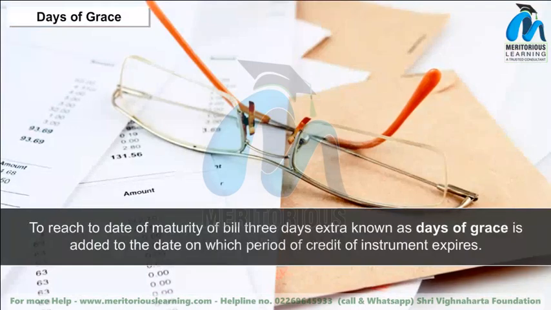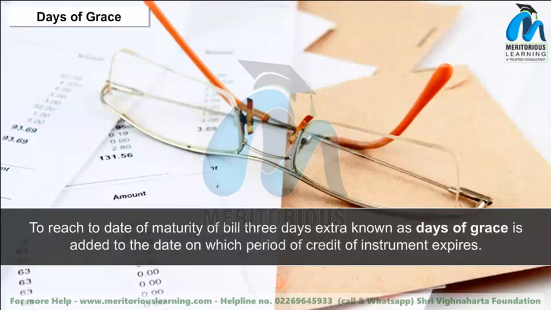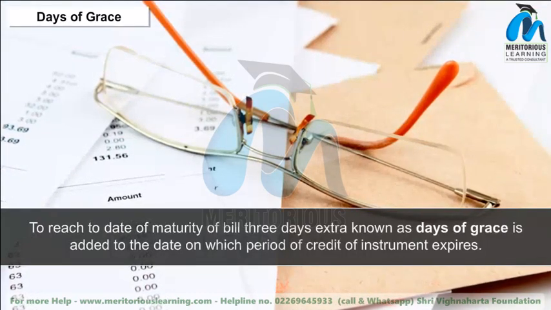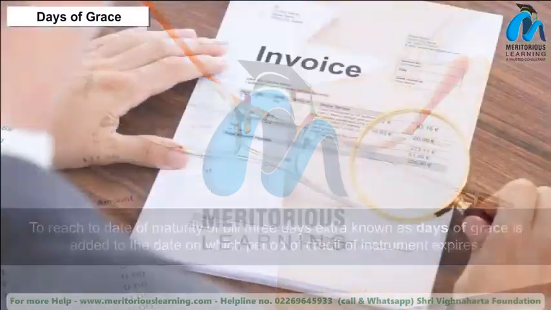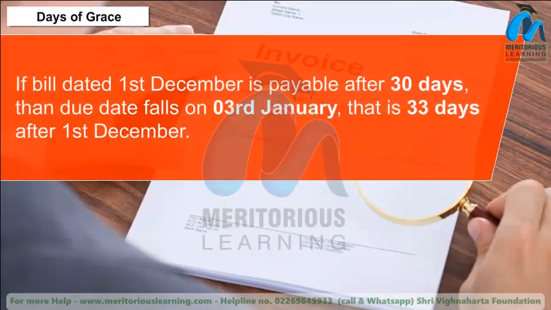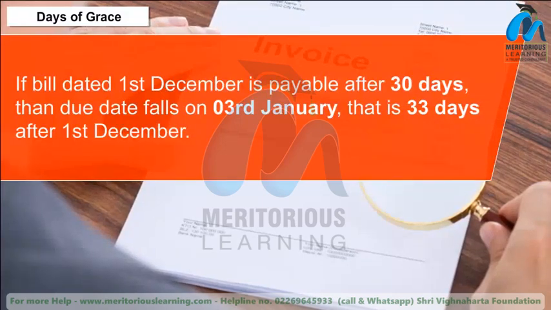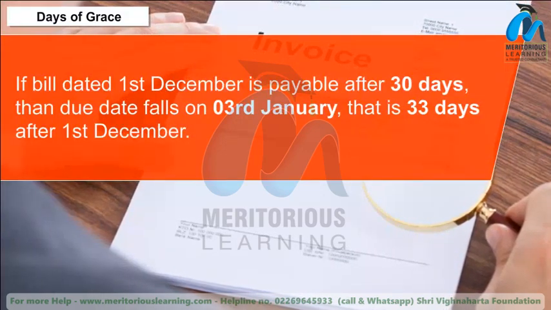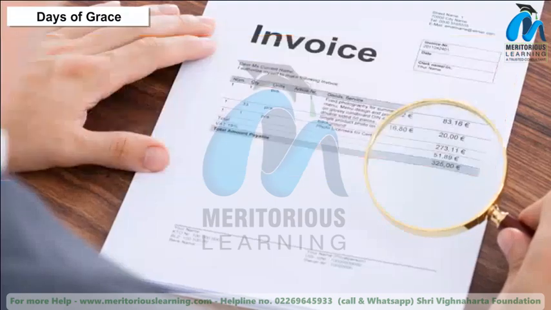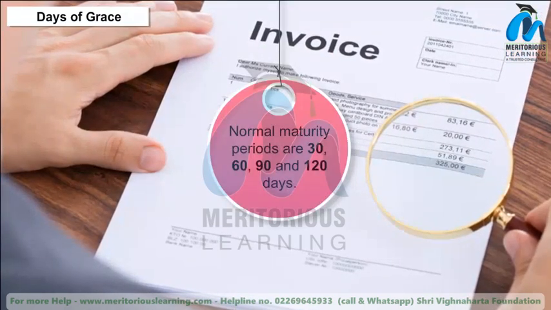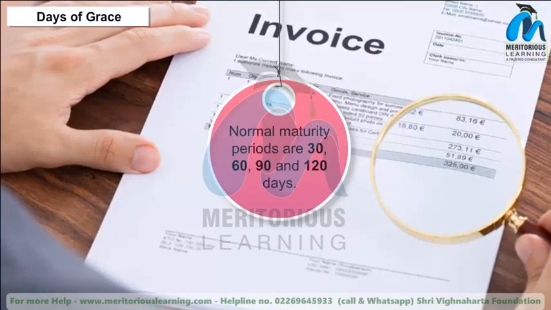To reach the date of maturity of a bill, 3 days extra, known as days of grace, are added to the date on which the period of credit of the instrument expires. Example: if a bill dated 1st December is payable after 30 days, then the due date falls on 3rd January, that is 33 days after 1st December. Normal maturity periods are 30, 60, 90 and 120 days.